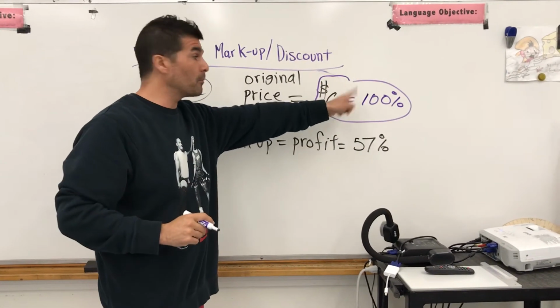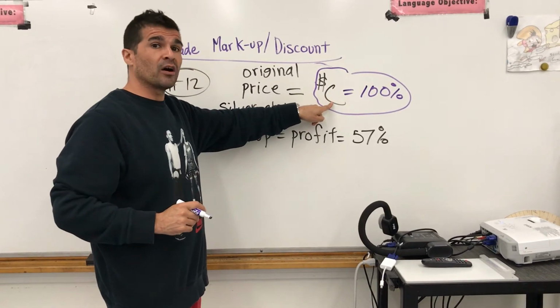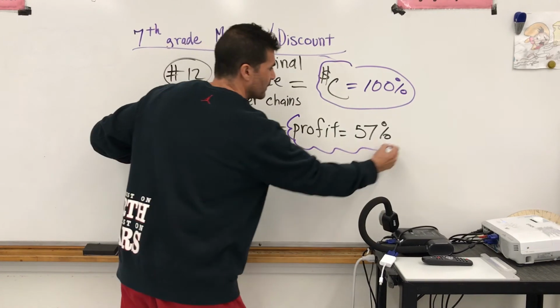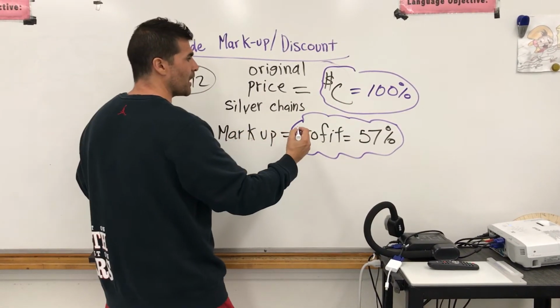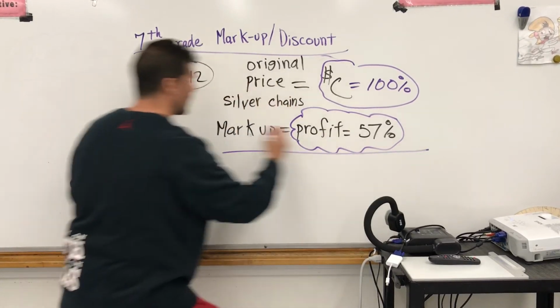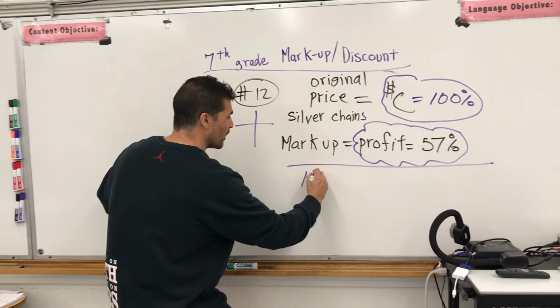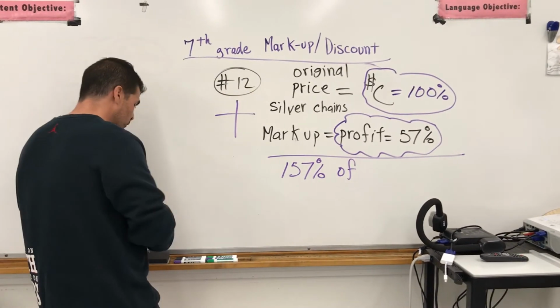You want your money back. If you paid 100%, you want your 100% back, and you want your profit. Well, the total that you want, if you add this up with a big plus sign, is 157% of whatever C is.